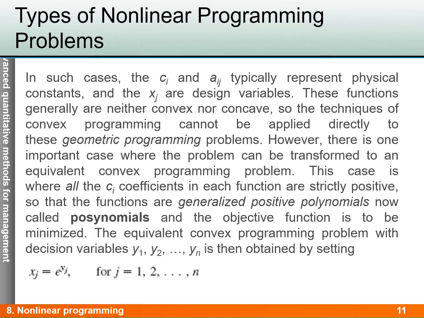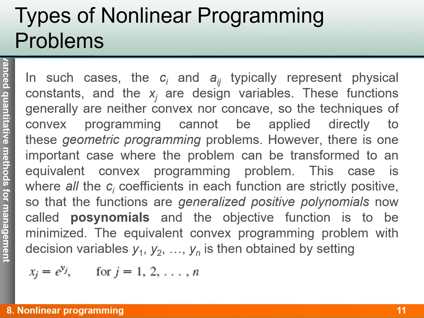To continue the previous slide, when we were talking about ci, aij, and xj, and that these functions generally are neither convex nor concave, we should review one technique. There is one important case where the problem can be transformed to an equivalent convex programming problem.